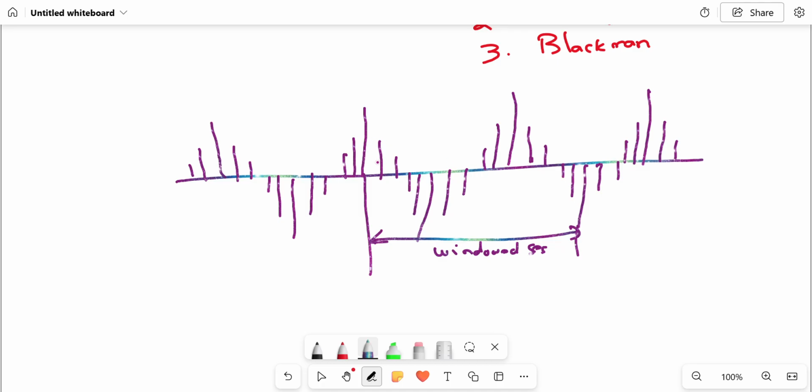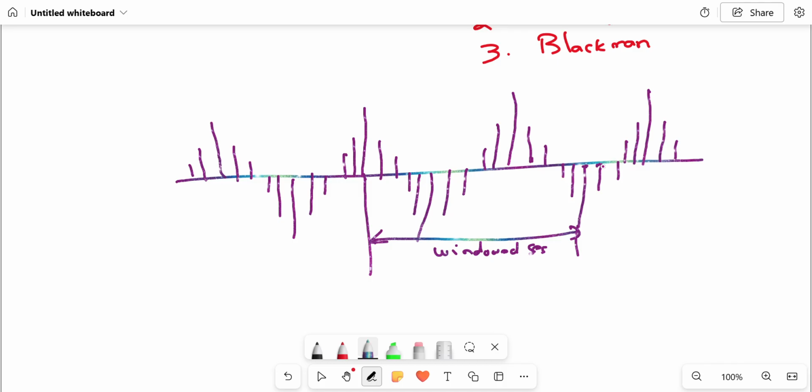But because of this window technique, we are truncating the infinite sequence into a finite sequence. There will be discontinuities.